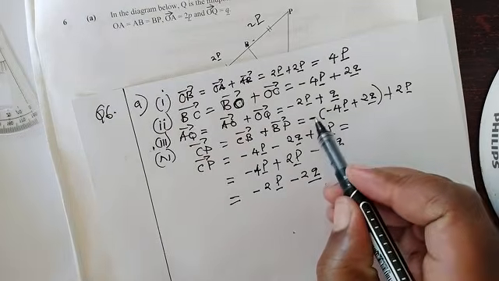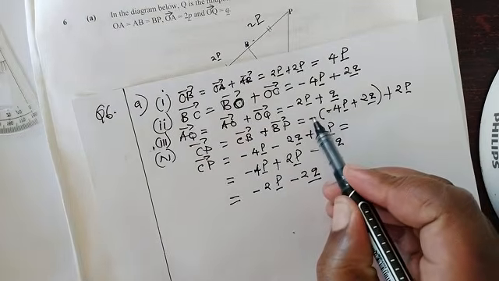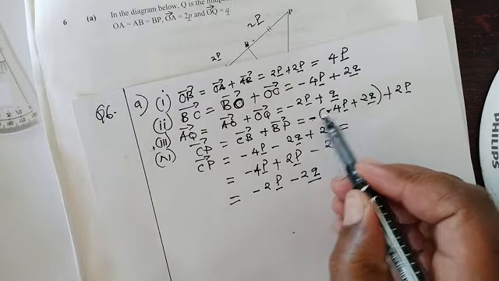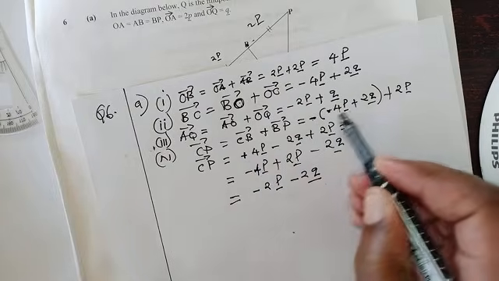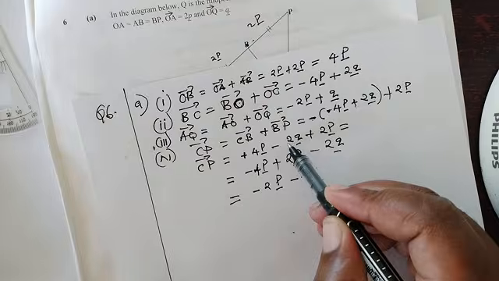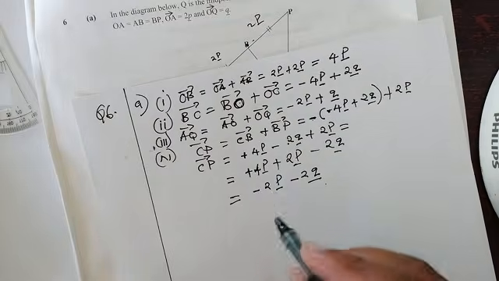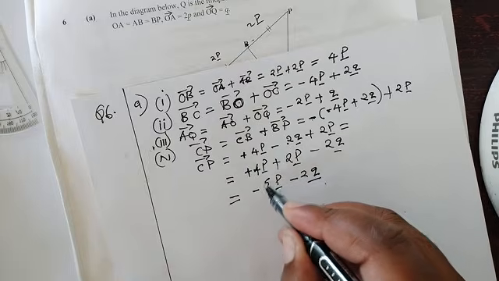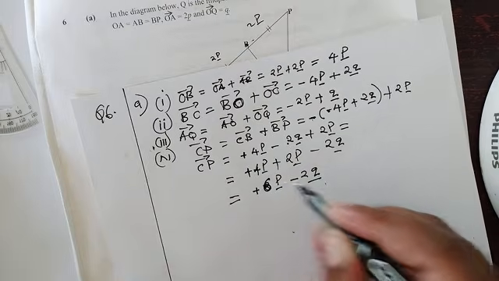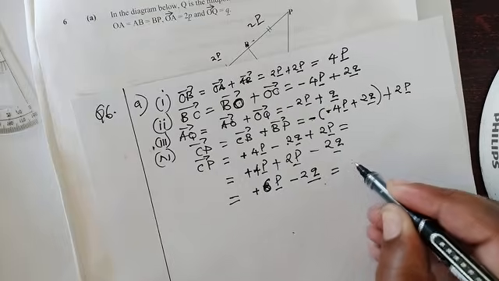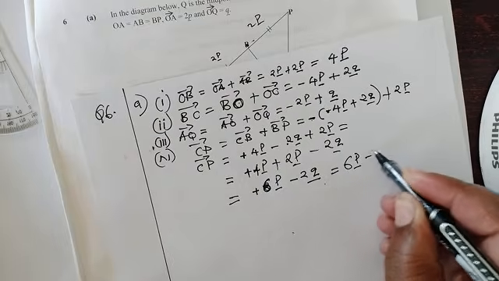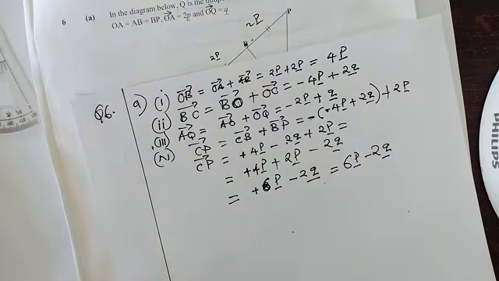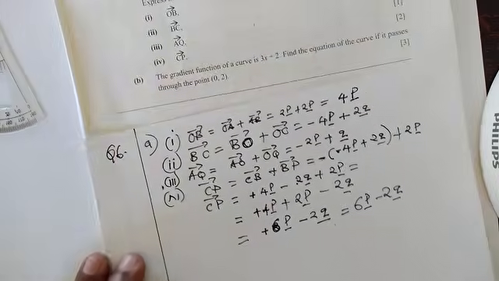Okay, so here, remember, there was a negative here, so negative is supposed to be plus. So when you add 4P to 2P, you get 6P positive. So it's supposed to be 6P minus 2Q. Okay? All right.